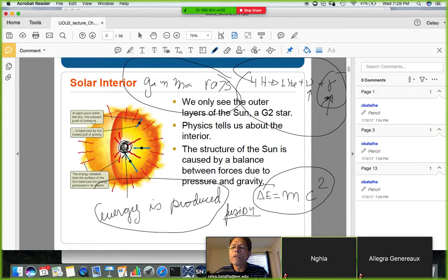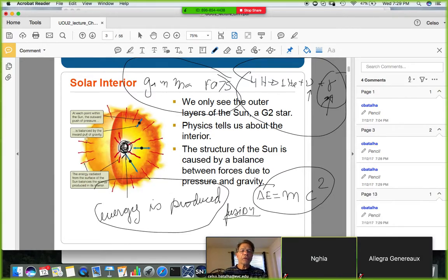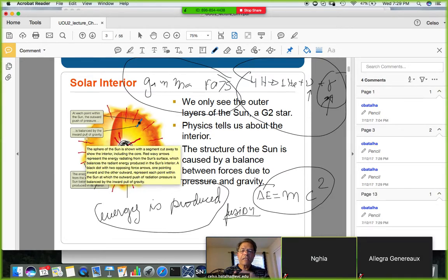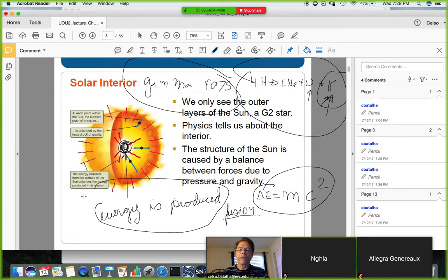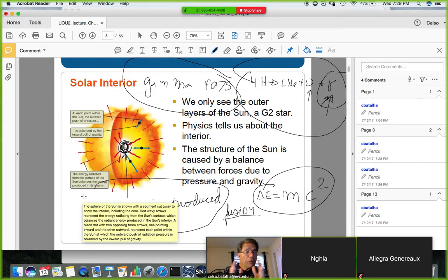At each point within the sun, the outward push of pressure is balanced out by the inward pull of gravity. So we have these two conditions occurring at any given radius from the center part. The gas pressure, which is built up by energy produced in the core and transferred to the gas itself, halts the collapse, the contraction of the sun into what could be a black hole, right?